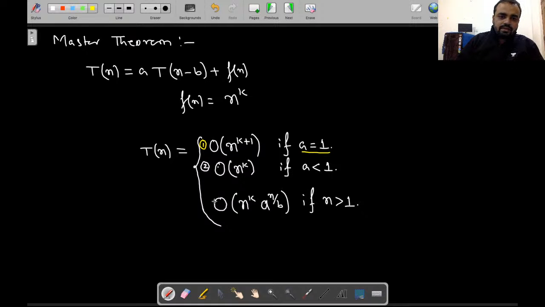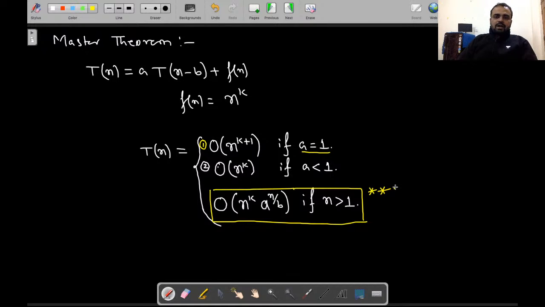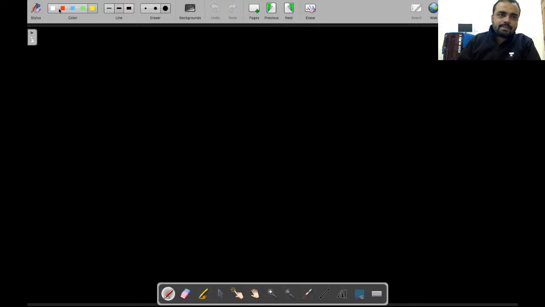So only you have to remember this particular part. You have to remember this particular part. So just mark it as a star. What this thing is saying, take an example.